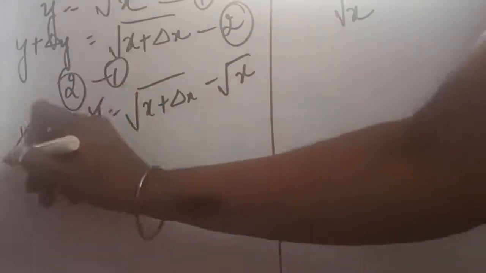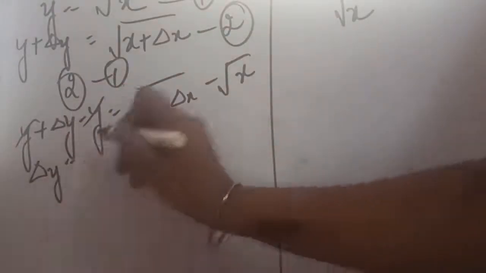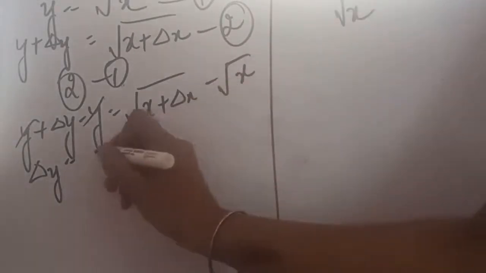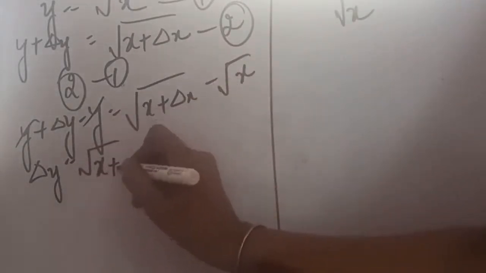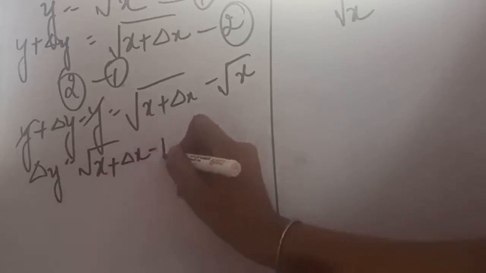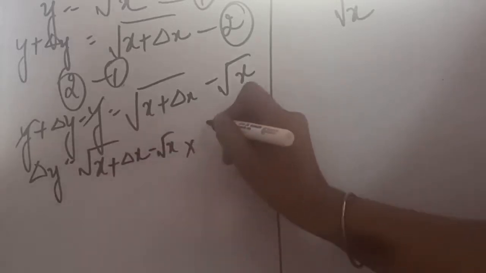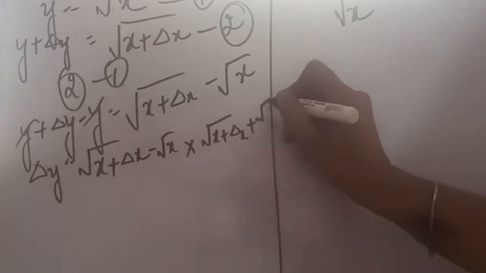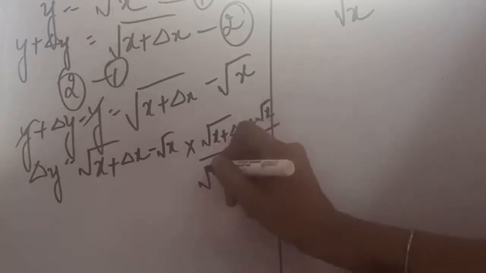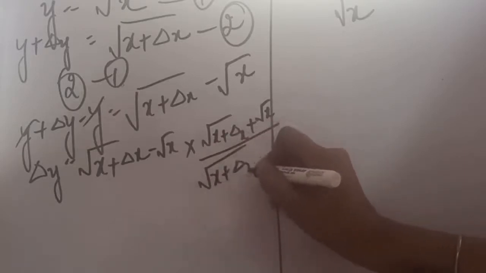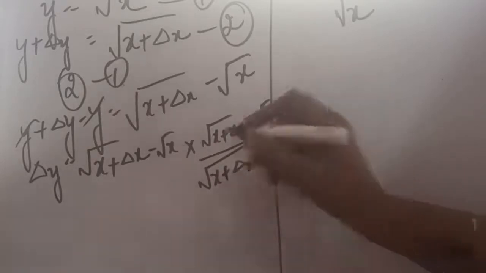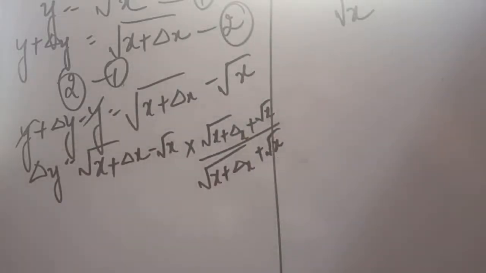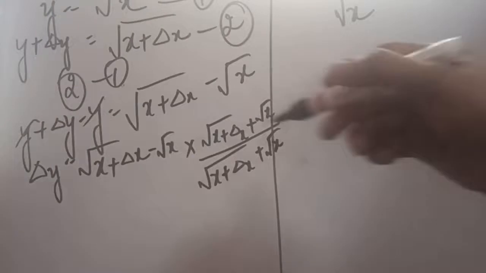So here on the left hand side it will be cancelled, so delta y is equal to, on the right hand side we can apply the process of rationalization in order to take out the under root. So under root x plus delta x minus root x into under root x plus delta x plus root x divided by under root x plus delta x plus under root x. What I have done is, only in the place of minus I have put the plus, so the same can be converted into a minus b and a plus b.